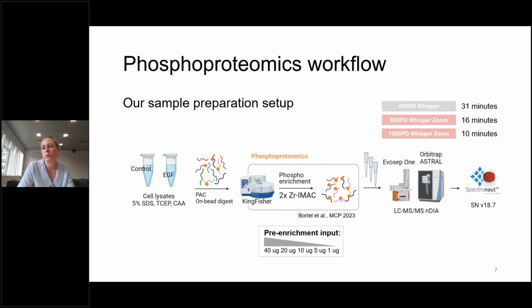And then samples were loaded onto EvoTips, and we used the Evosep One coupled to the Orbitrap Astral mass spectrometer, and I've tested the 40 SPD Whisper method as well as the 80 SPD and 120 SPD Whisper Zoom methods, and all data was searched in Spectronaut.